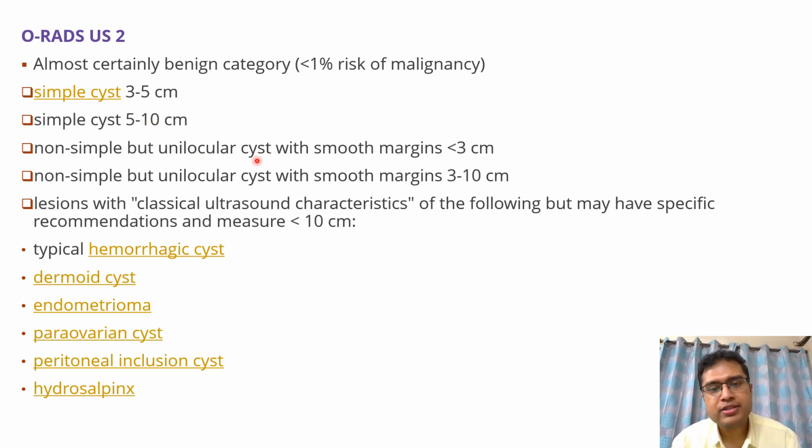Non-simple unilocular cyst with smooth margins 3 to 10 centimeter, and lesions with classic ultrasound characteristics. So we have to know the characteristics of these particular lesions. That is a typical hemorrhagic cyst, a dermoid cyst, an endometrioma, paraovarian cyst, peritoneal inclusion cyst, and hydrosalpinx. So all these are included in O-RADS ultrasound category 2.